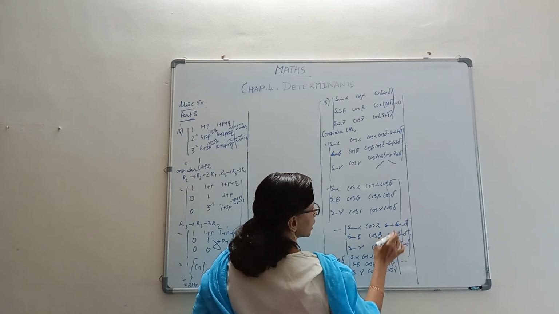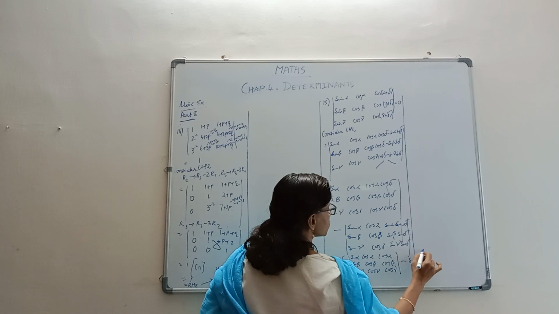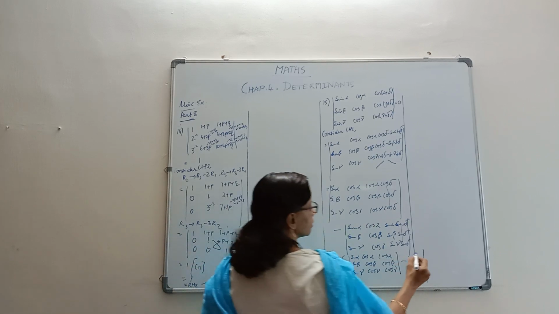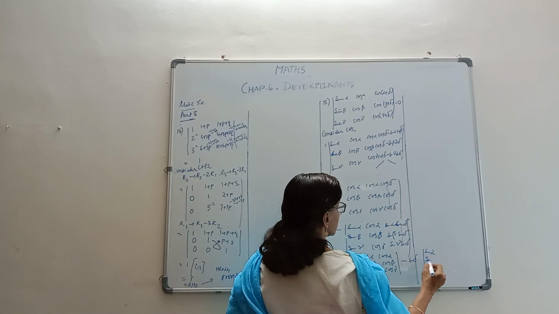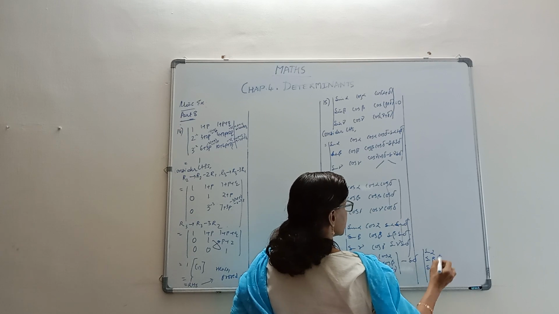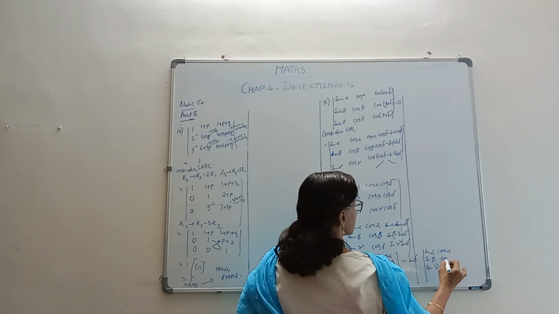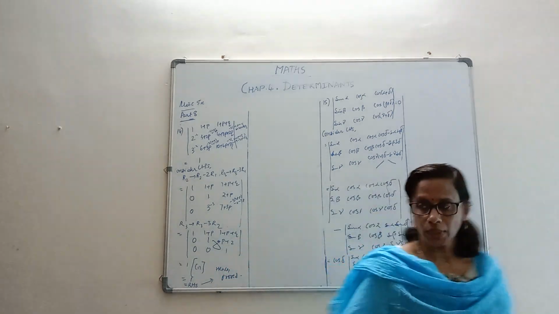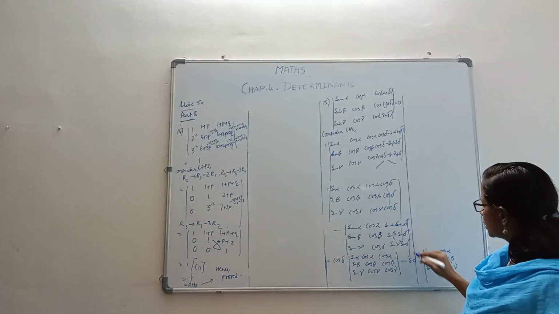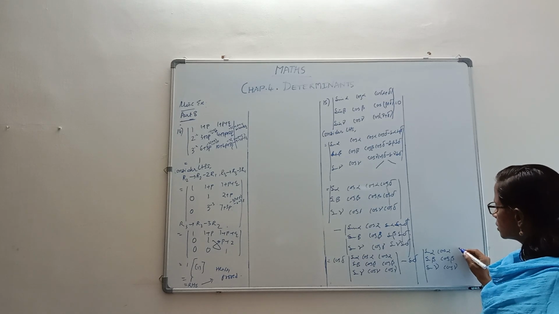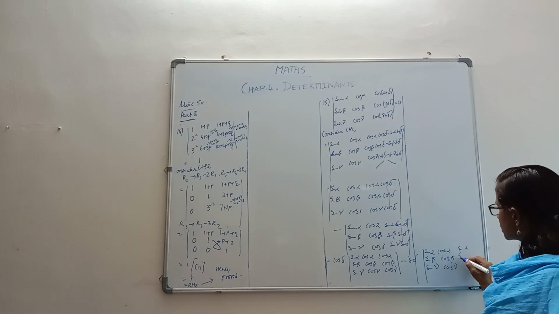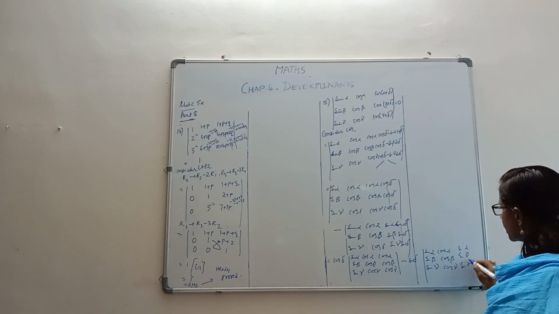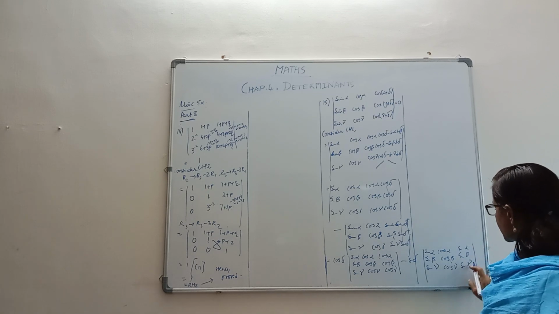In this one we have sin delta common, so we are taking it out. What are we getting here? Sin alpha, sin beta, sin gamma, cos alpha, cos beta, cos gamma, and last entry sin alpha, sin beta, sin gamma.